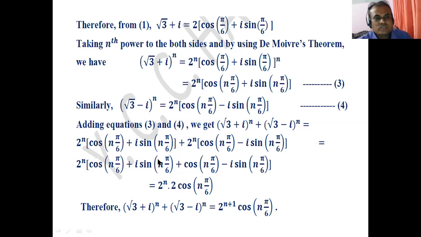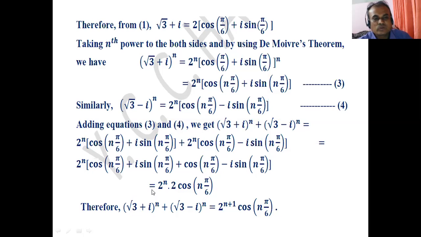Here plus i sine n pi by 6 and minus i sine n pi by 6, so these two terms cancel each other. Now cos n pi by 6 plus cos n pi by 6, their addition is 2 cos n pi by 6.